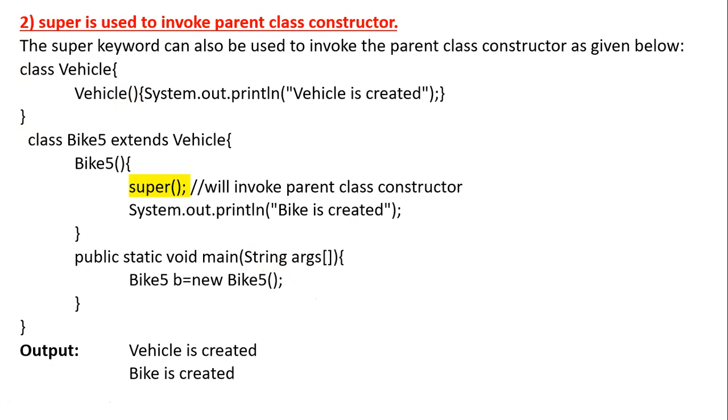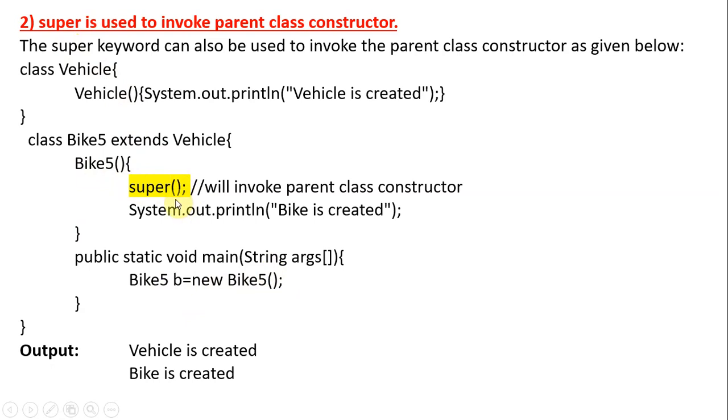If you want to call the superclass constructor, you can use a super method kind of definition, that is, super parentheses in the subclass constructor. Whenever you call the subclass constructor by creating an object, it will go here, and the first statement executed is the call to the Vehicle constructor, the superclass constructor.